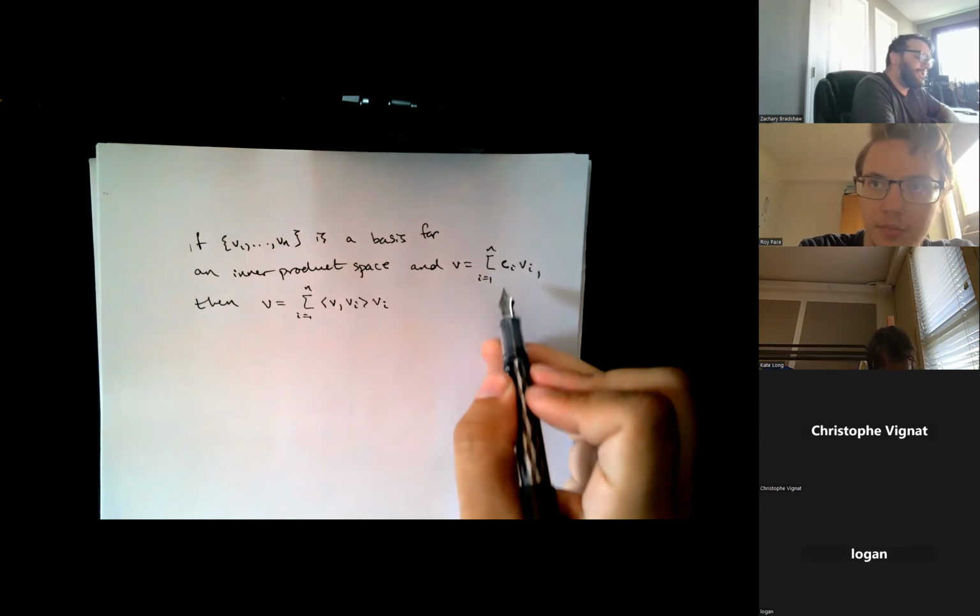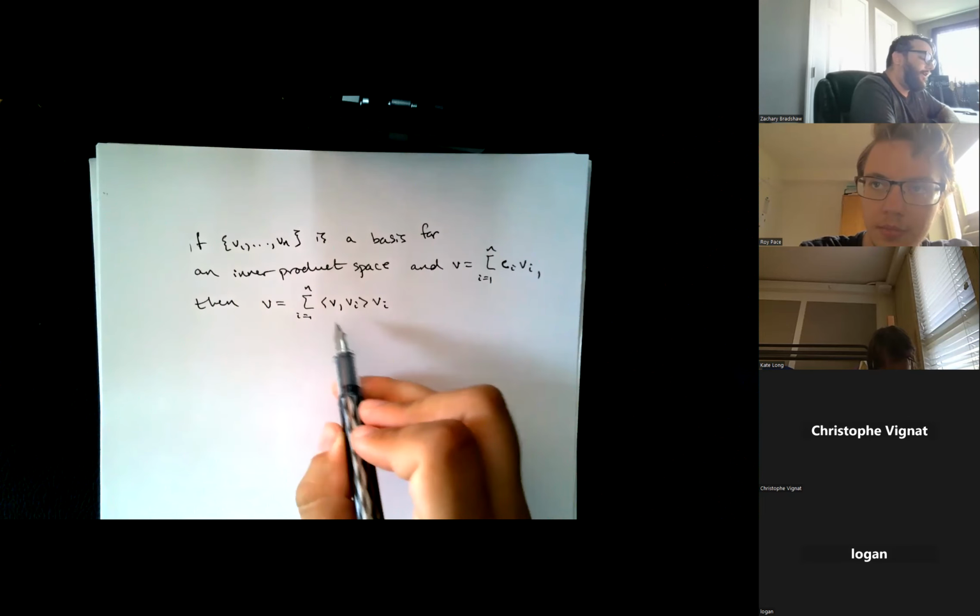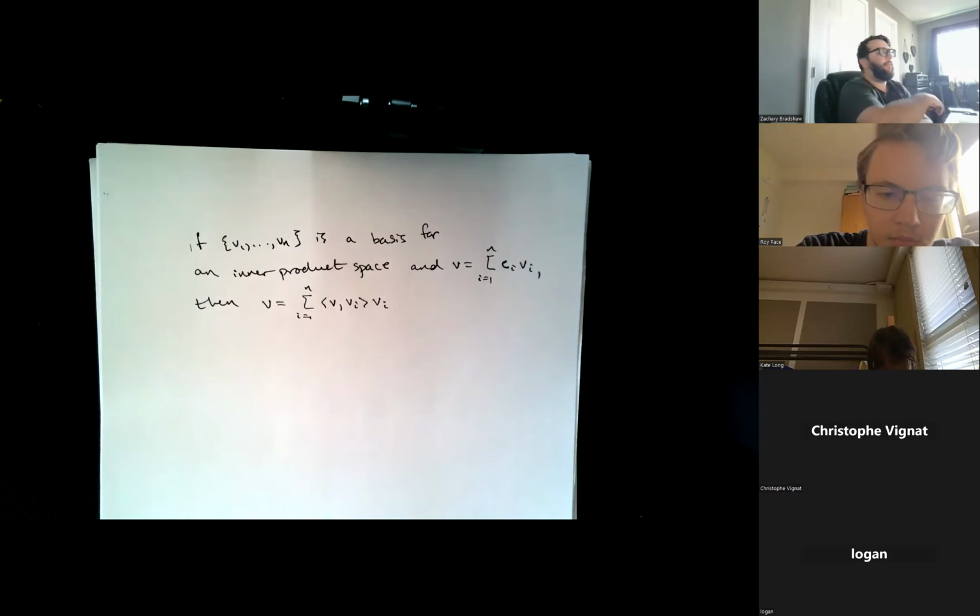So in other words, this Ci is equal to the inner product of v with the basis vector Vi.